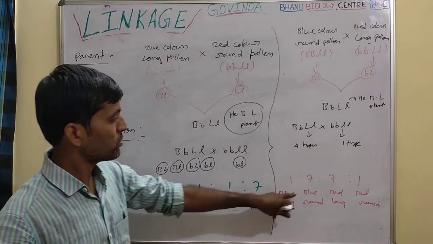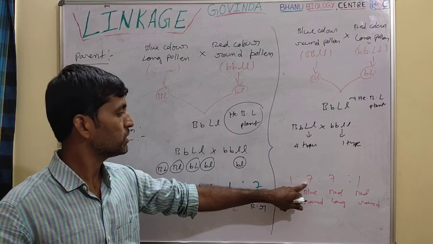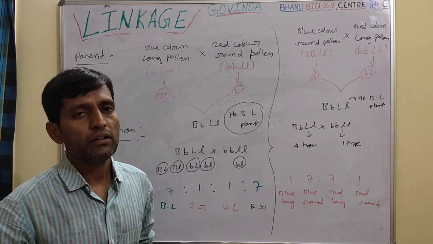So here also they obtained a different test cross ratio, which deviated from the Mendelian ratio.